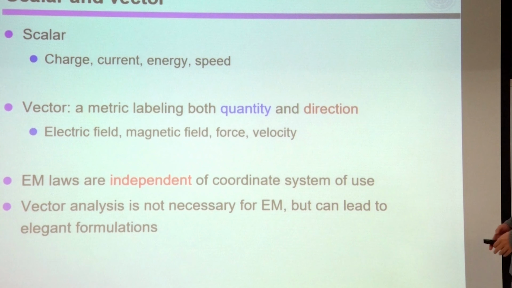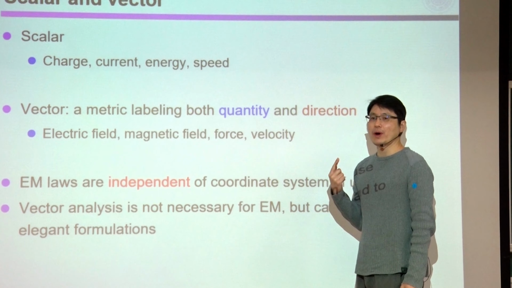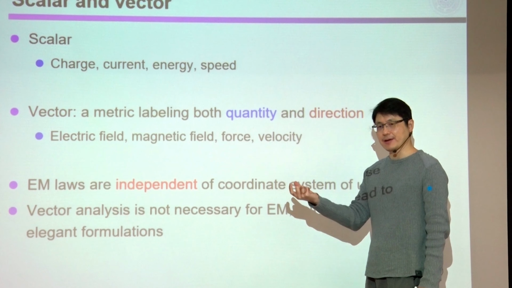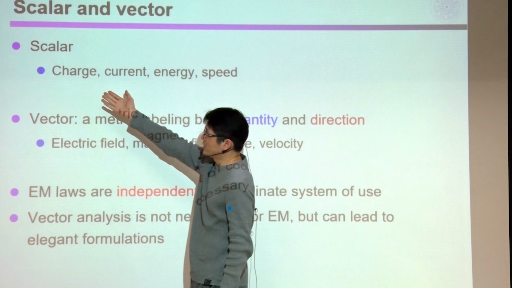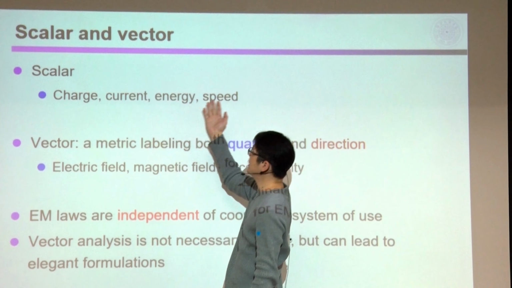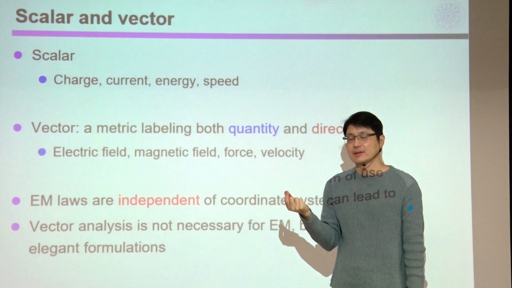Before we go on, we have to be very certain about the differences between a scalar and a vector. Scalars, like charge, current, energy, and speed, are just a quantity.